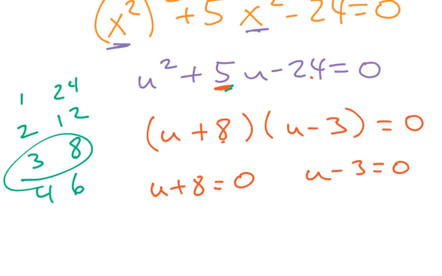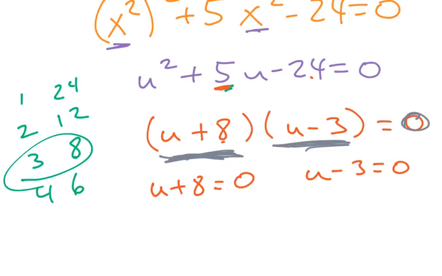The reason this happens is because the only way that you can get something times something to equal 0 is if either that first expression, that first binomial, is equal to 0 or the second one is, right?